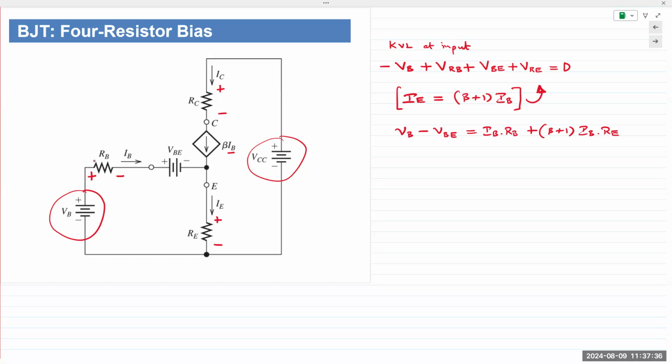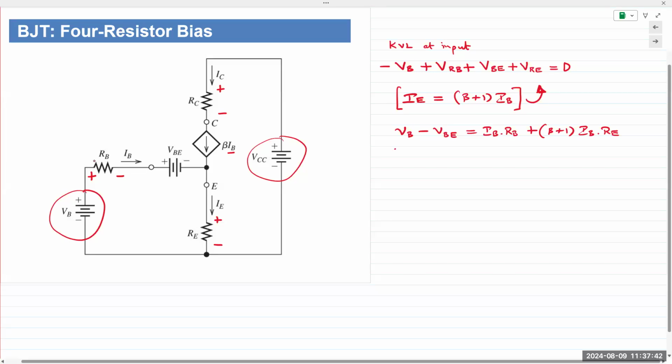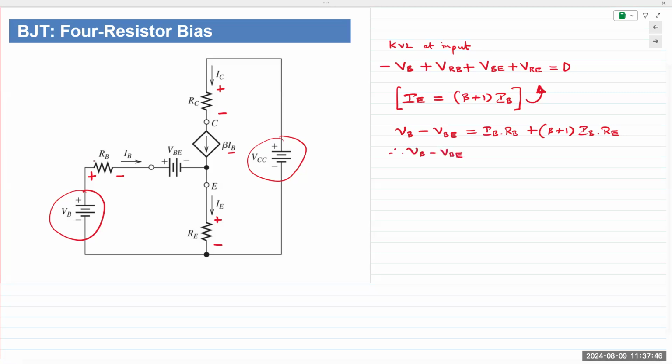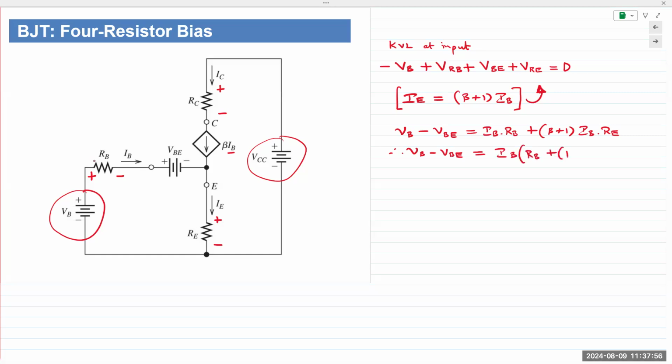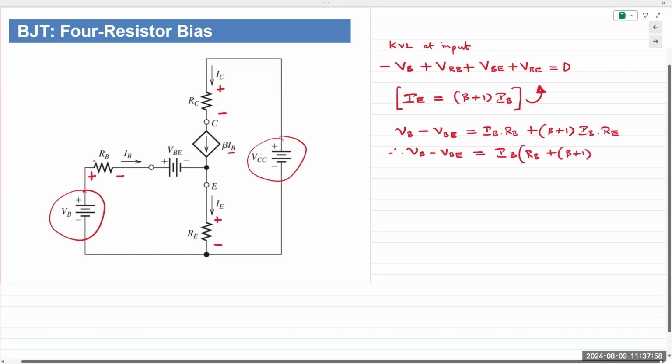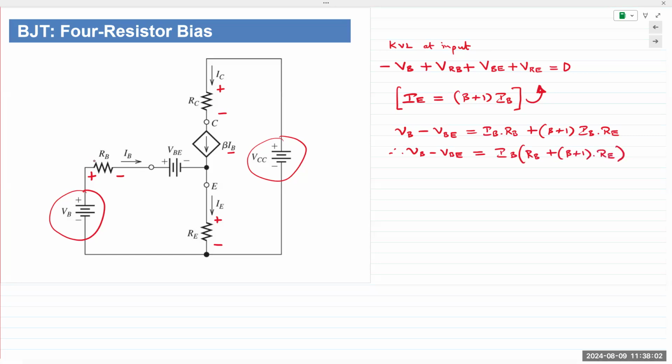And so if we solve this and we get IB outside, we get VB minus VBE equals IB times RB plus beta plus 1 times RE.